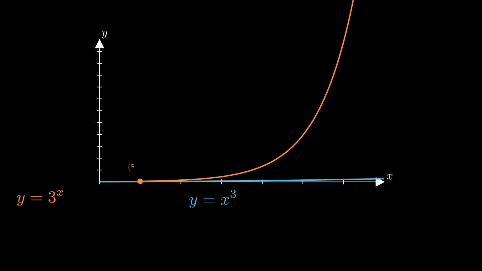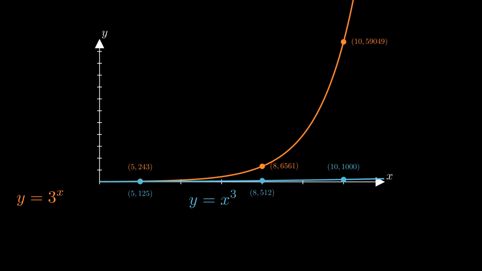At x equals 5, we are at 243 for the exponential function, which was 3 to the x. And at x equals 5, we are at 125 for x to the third, the polynomial function. I know it looks like they have the same y values, but that's only because the graph is so zoomed out. And here at x equals 8, then x equals 10, we can see that they get further and further apart.